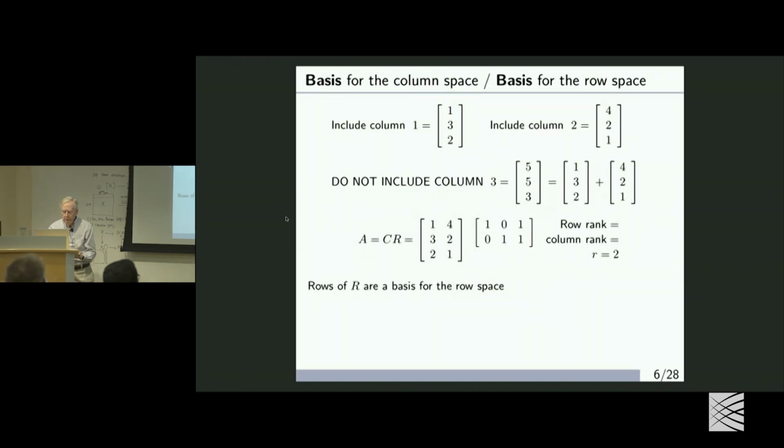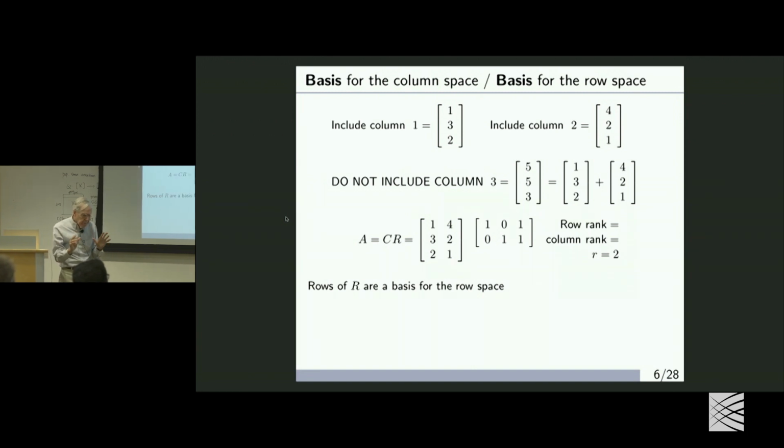Now can I bring out the word basis, because that's what you need to compute. A basis is columns that are independent. I'm thinking about the same matrix here: there were only 2 independent columns.